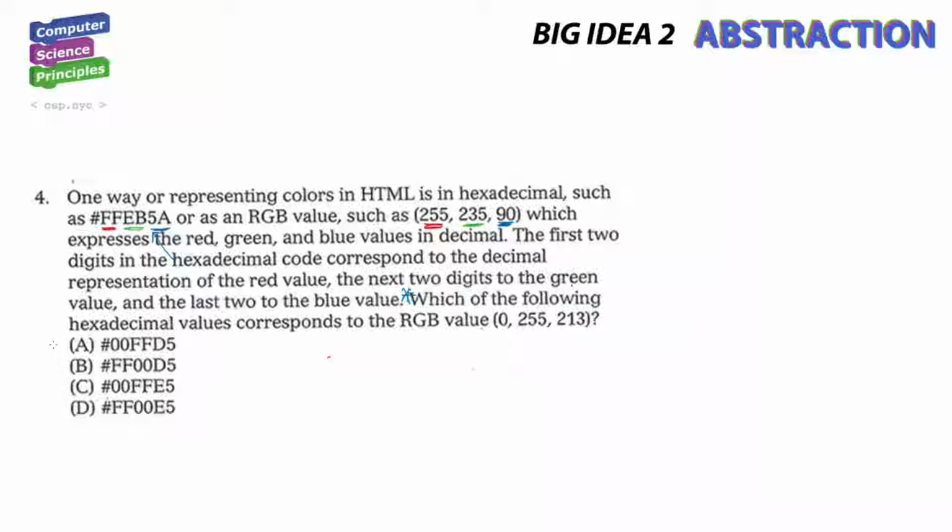All of these numbers here are written in hex, which we know is base 16. So we are trying to figure out whether the first two digits, so I'm going to box up each of the first two digits, correspond to this decimal value in the RGB, 0.